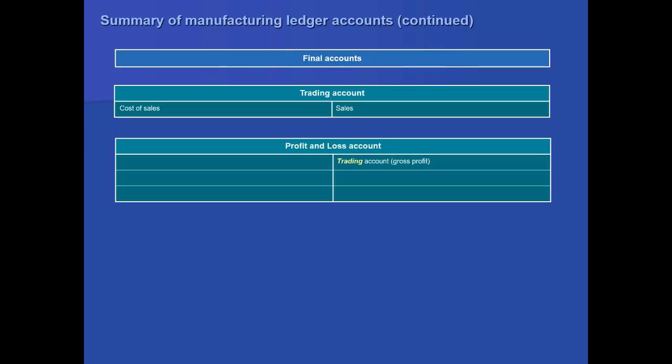So in this case, if sales is bigger than cost of sales, we still need a debit, namely profit and loss account as contra entry, and then we credit the profit and loss account. Trading account will be our contra entry. Then we saw that from the cost accounts, we transferred the administration costs.